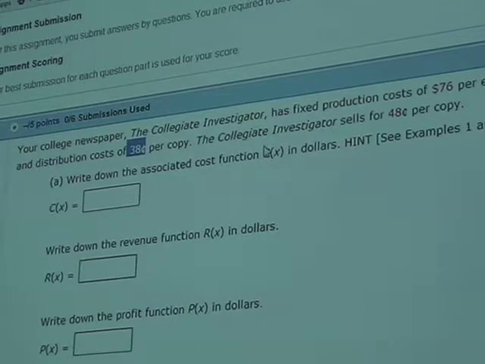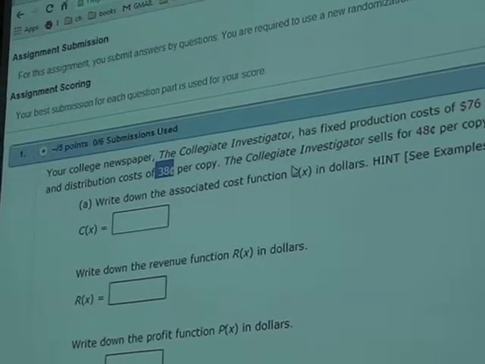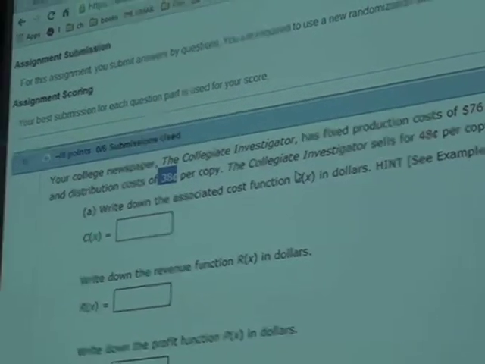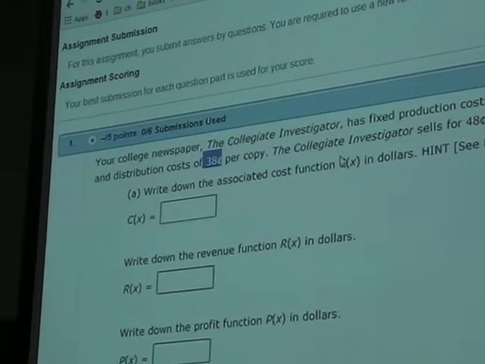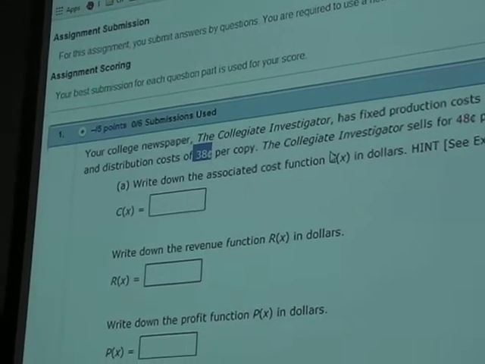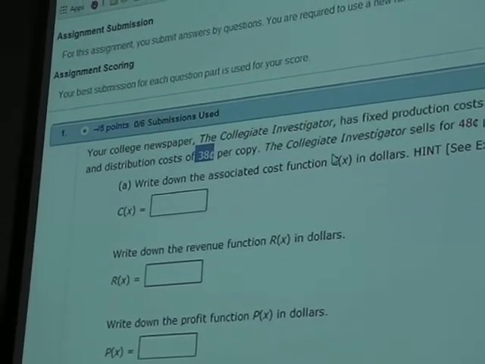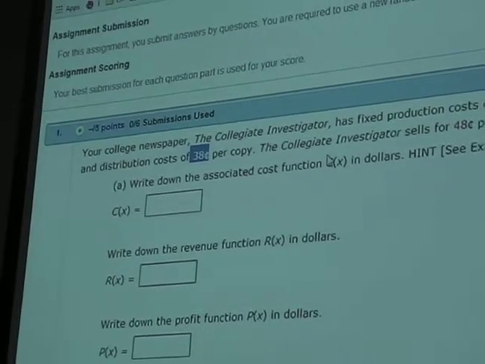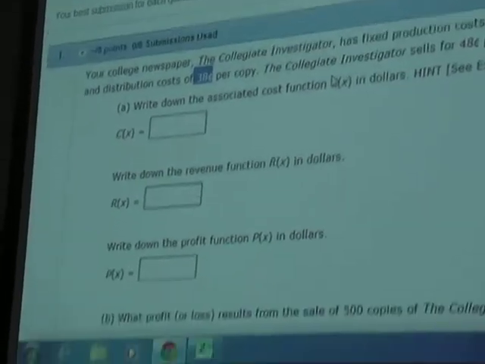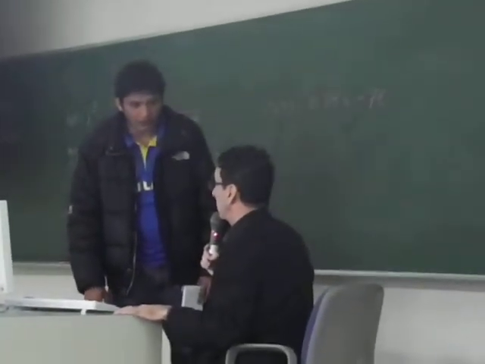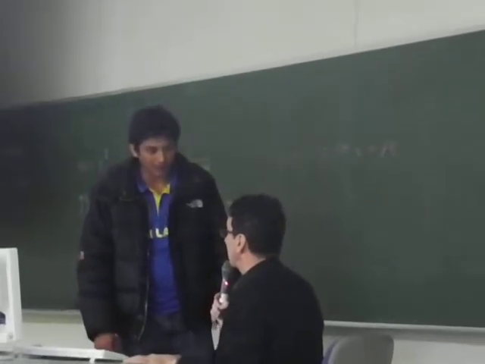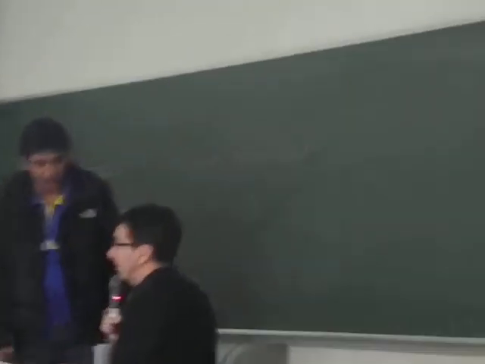What does revenue mean to you? Yeah, right. How much money I got, right? So how much money do you get? How much? No, not this. How much do you get? 48 cents per. Yeah. So if I get 100 or if I get 10 papers? Yeah, right.